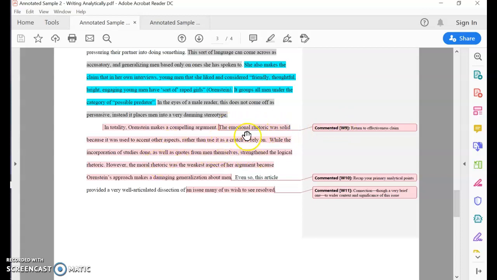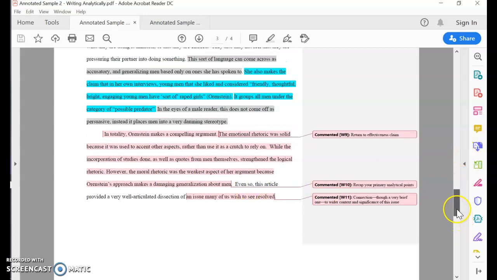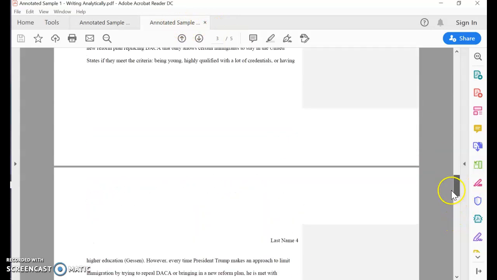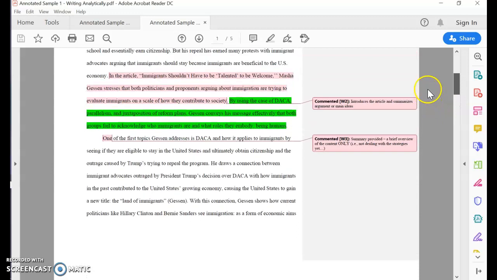She walks you through and recaps the elements. And at the very end, very briefly, she says this article provided a very well-articulated dissection of an issue many of us wish to see resolved. So again, it's very brief, but it makes that step to a wider context. I think she could have done much more with this conclusion personally, but overall, both of these are good examples, A papers for an assignment like this.